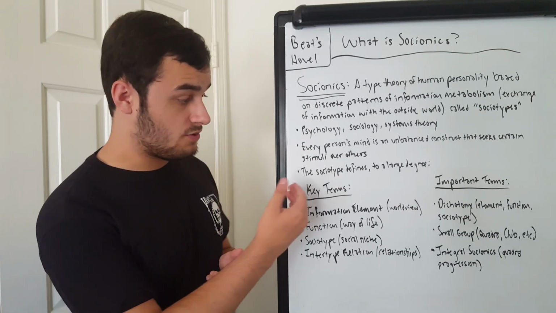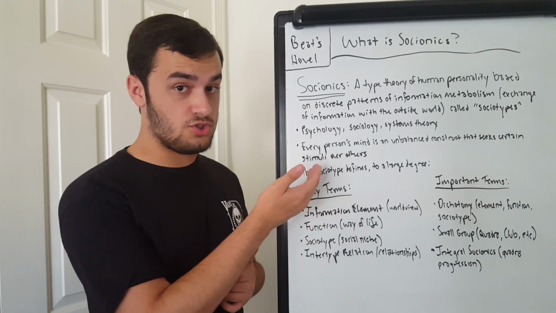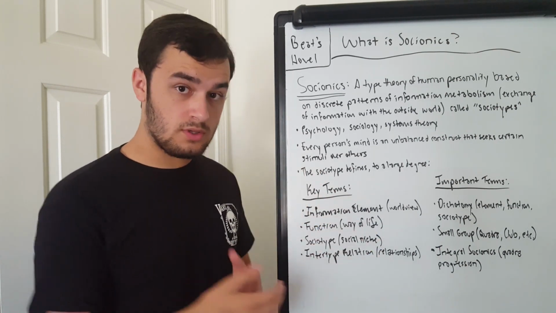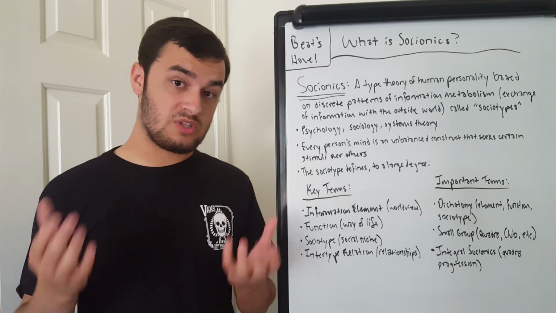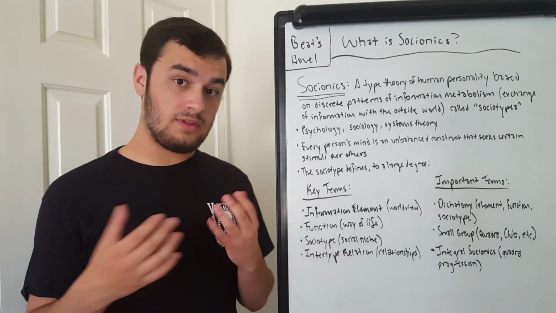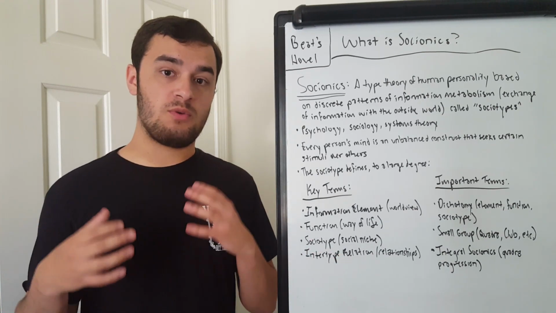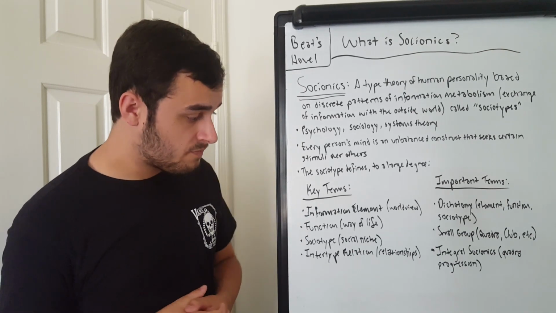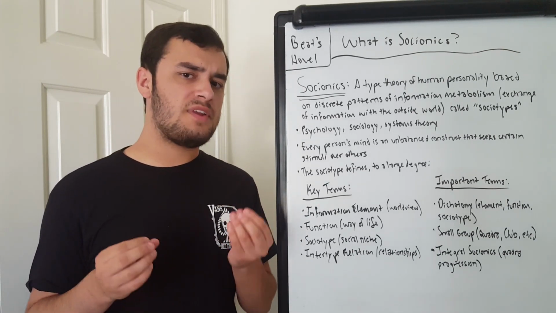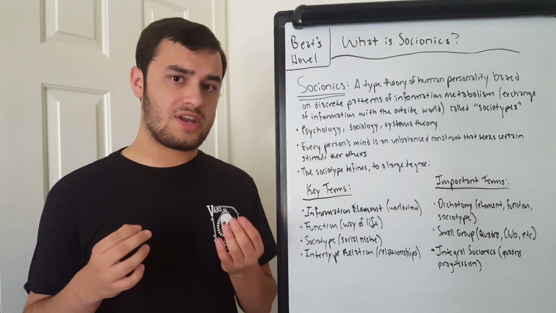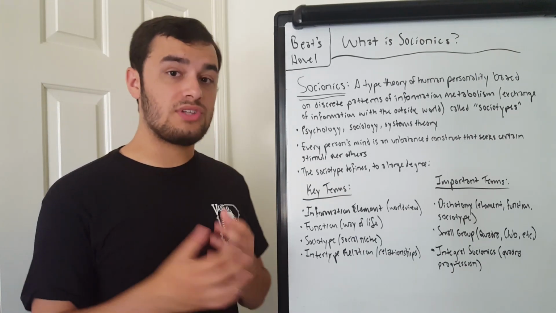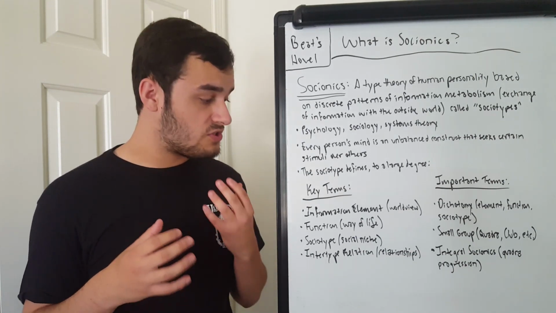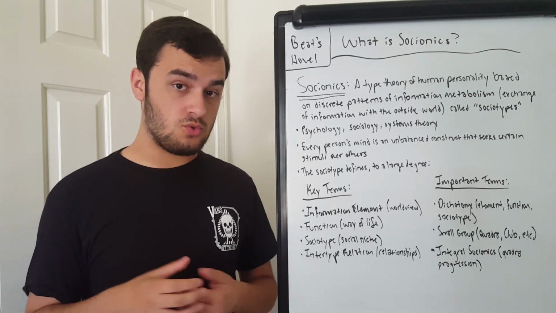The sociotype defines, to a large degree, our worldview, our specific worldview and our perception of the world around us, our way of life, how we engage with the world and what we prefer to do and not prefer to do, our social niche, how we fit into society and use our strengths to benefit others, and the relationships that we possess with other psychologically compatible individuals.